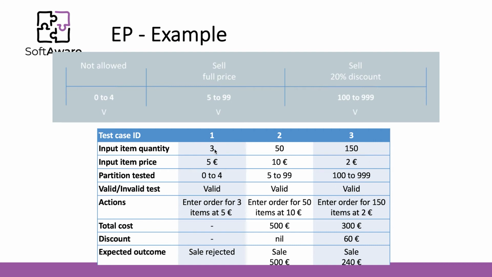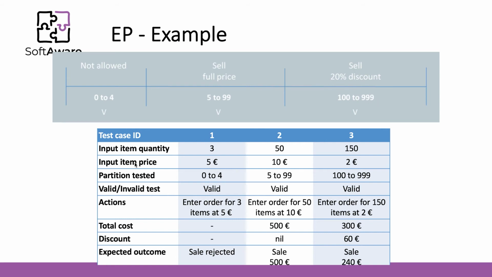We have chosen 3 as the representative of the partition 0 to 4. We have chosen 50 as the representative of partition 5 to 99. And we have chosen 150 as the representative of the last partition, from 100 to 999.